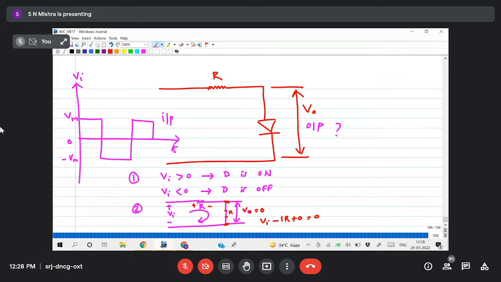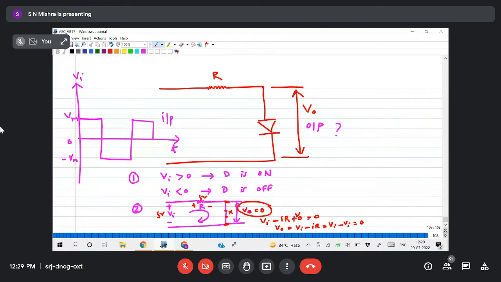Instead of that, I can write V naught equals Vi minus IR, that is Vi minus Vi, that is 0. Suppose I give 5 volts here, all 5 volts will drop across the resistor because there is no drop across the load, that is a short circuit. So that's why we get 0. Or directly you can see 2 shorted points across the diode, so the voltage across the diode is 0. So when the diode is on, the output voltage is 0.